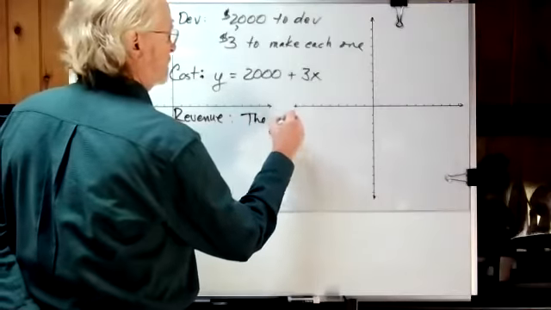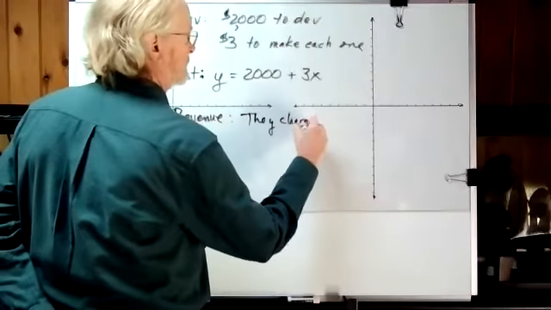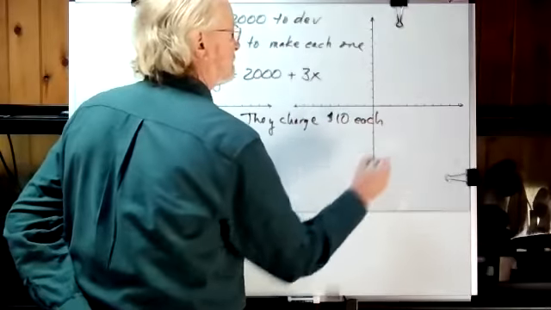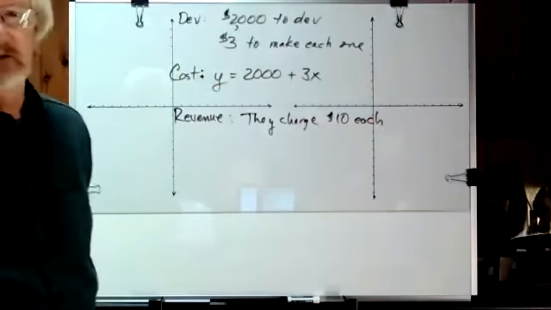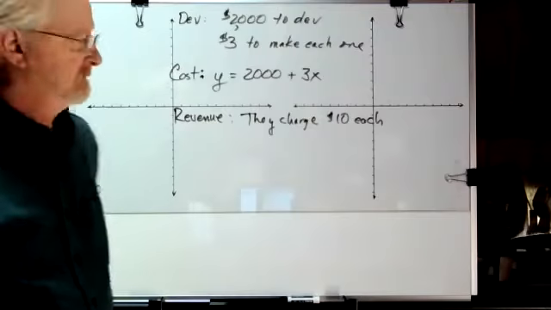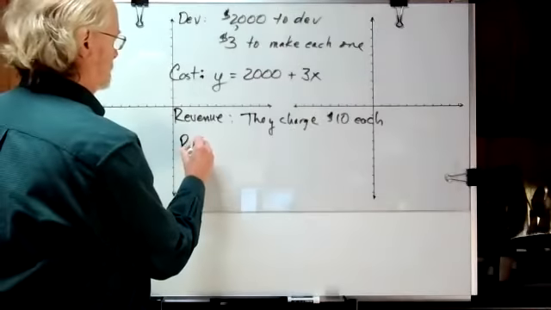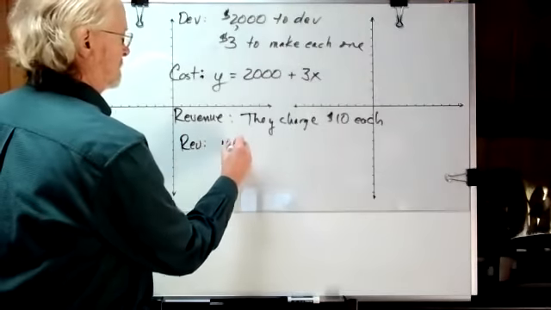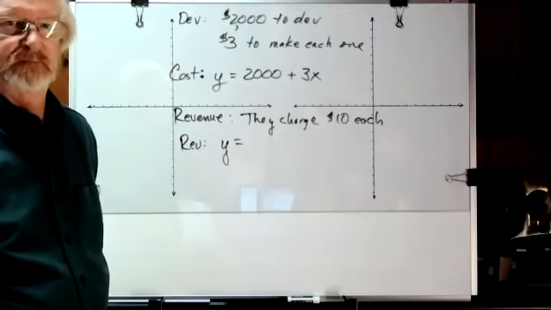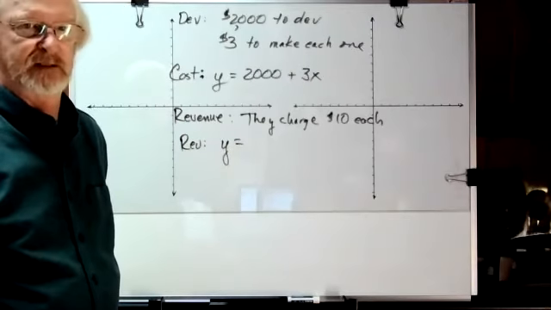They charge $10 each to sell it. Okay, write the equation. What equation describes that? For every one they make, they make $10.